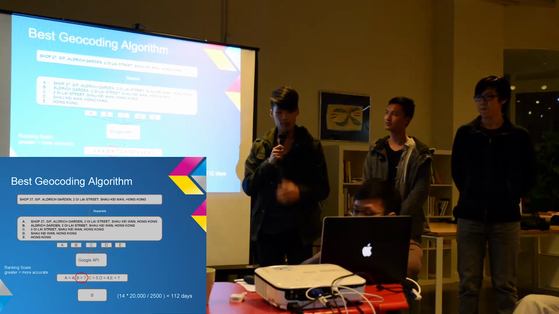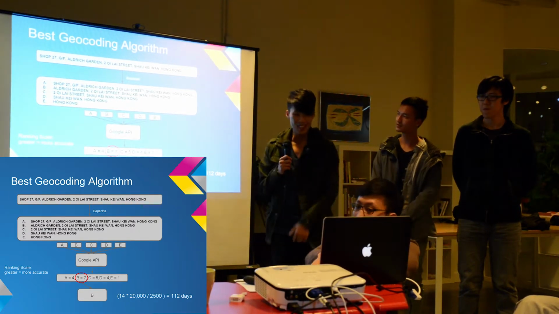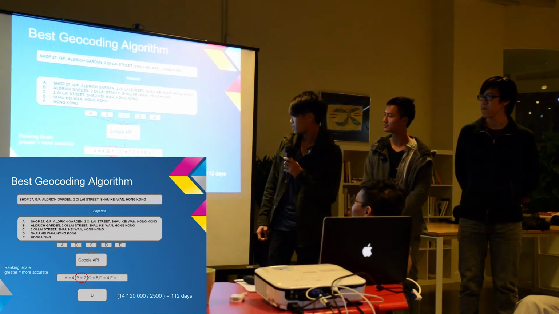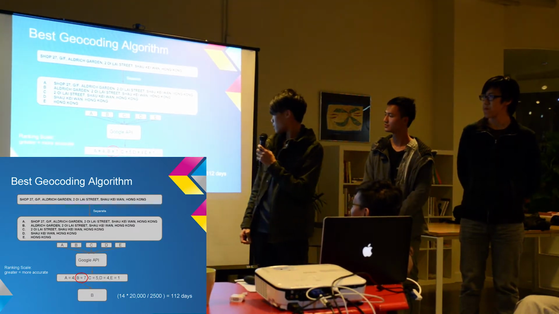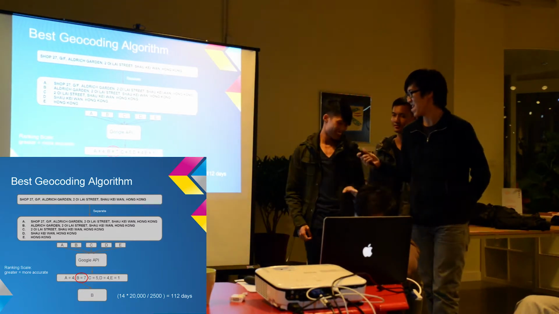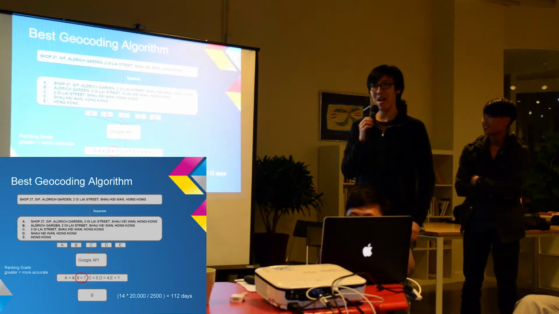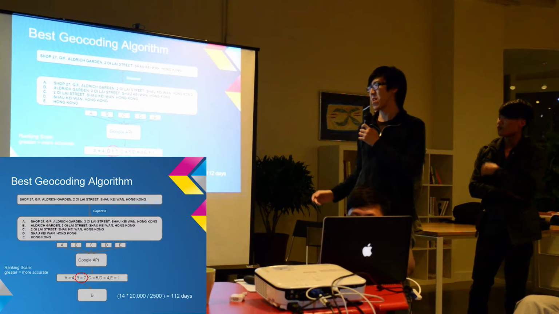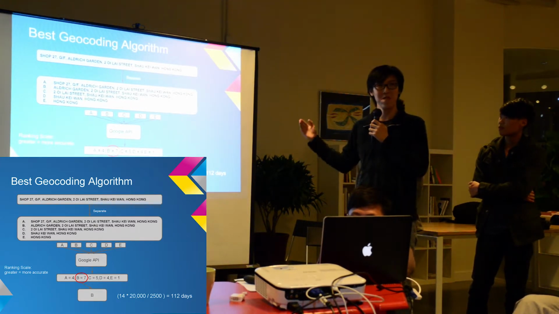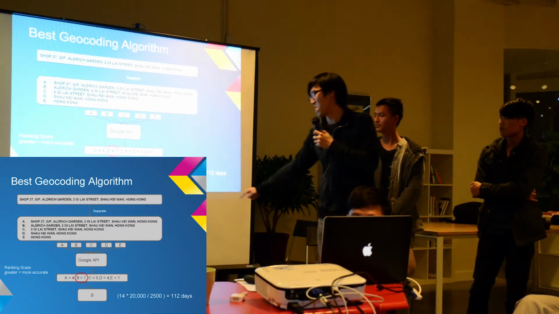And the other problem is that with this batch coding algorithm, we have to send our request multiple times to get the best result for a specific address. So it increases the number of requests we have to send.